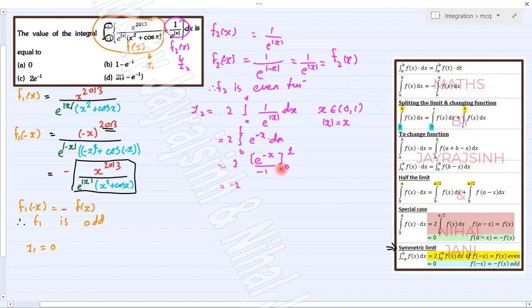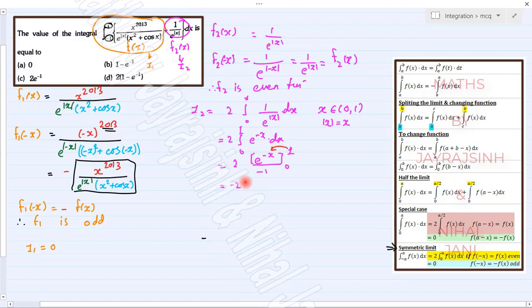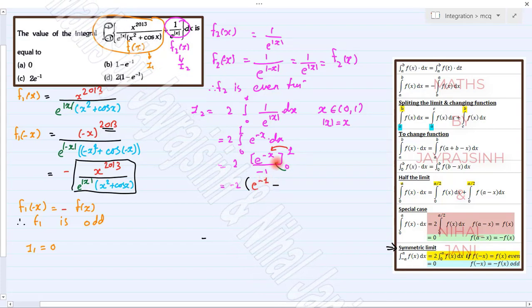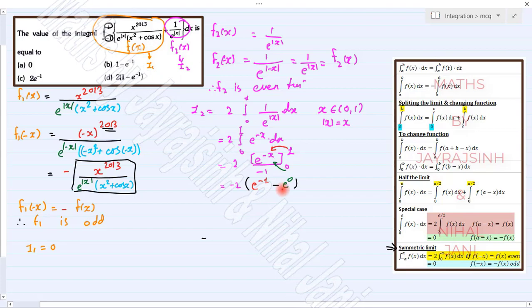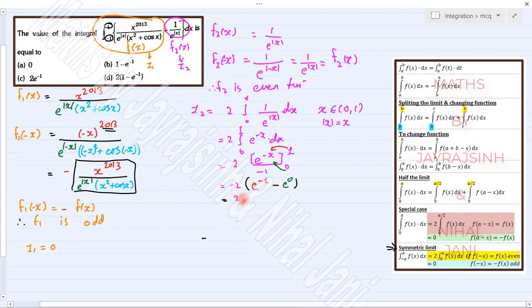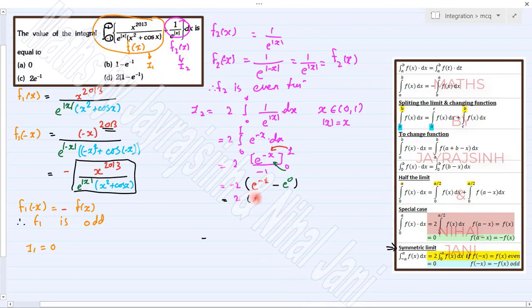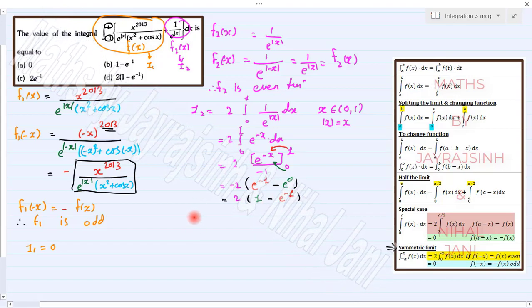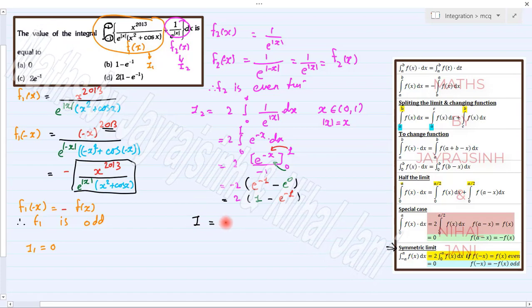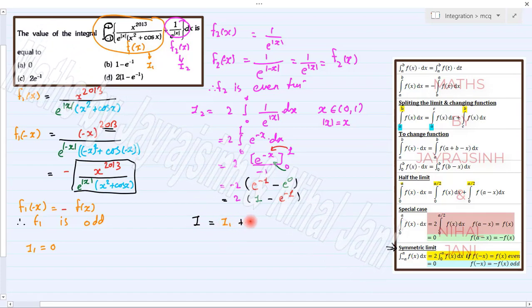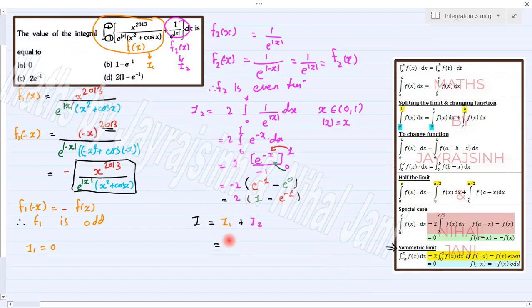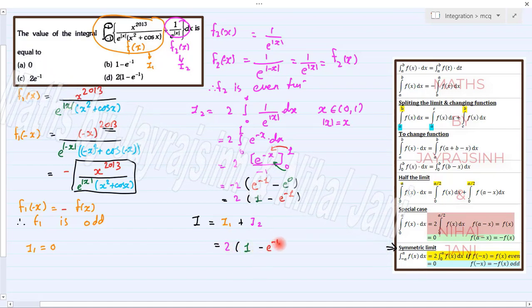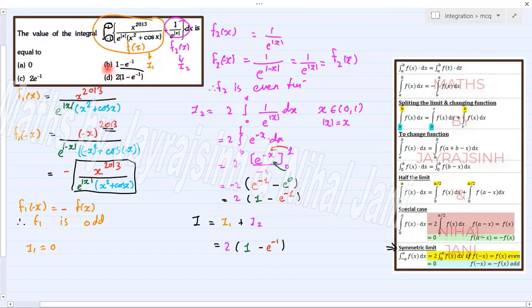Here we'll get -2, and from the upper limit we will get e raised to -1, and from the lower limit we will get e raised to 0, or here we'll get 2 times (1 minus e raised to -1), since e raised to 0 is 1. So finally your total integration, which is I1 plus I2, will be 0 plus 2 times (1 minus e raised to -1), which is given in option D.